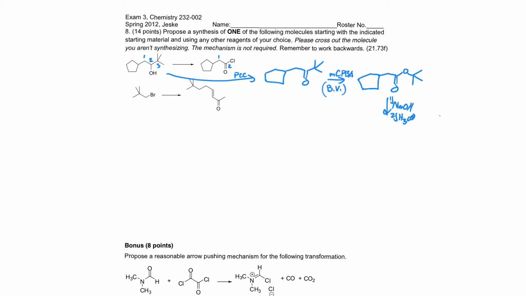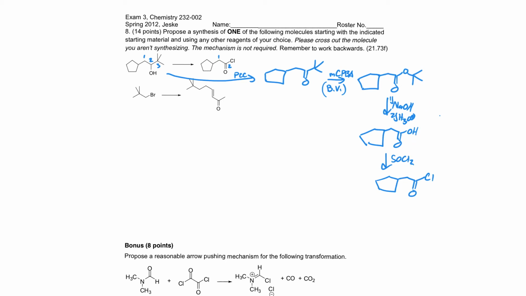You could probably use acid and water if you wanted to. I could make the carboxylic acid, and then I can make the acid chloride with SOCl2, and that's it. So we saw the Baeyer-Villiger reaction, which we used to create a carboxylic acid derivative, and then we used carboxylic acid derivative chemistry twice to get to the acid chloride.